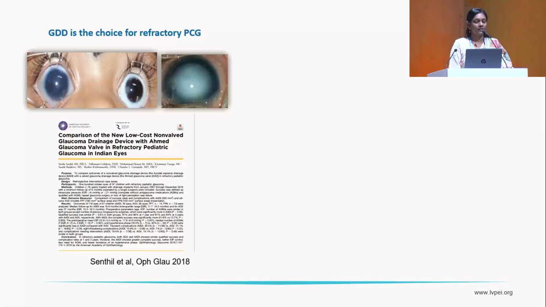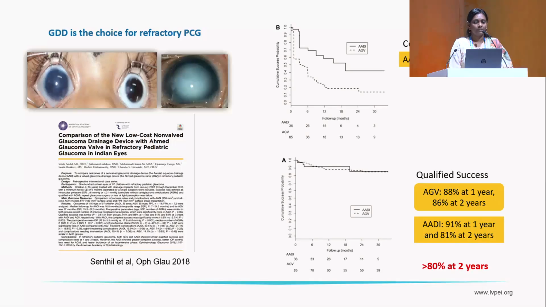We already made a study comparing both non-valved and valved implants in pediatric glaucoma eyes in Indian eyes, showing complete success is more in non-valved implants compared to valved implants, whereas qualified success is greater than 80% at 2 years.